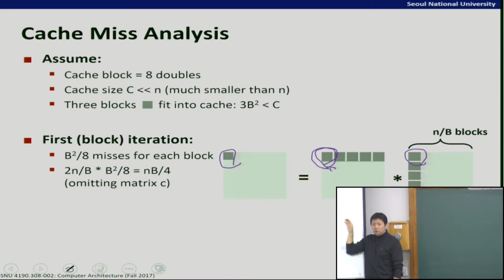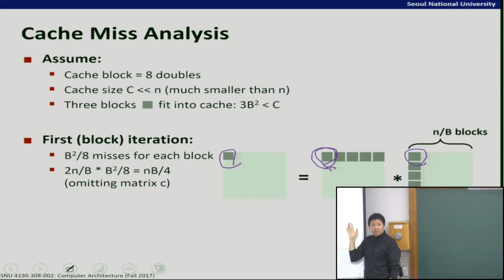Then eventually we have a cache miss every 8 elements. So if we have b by b elements, then the total cache misses to get this block into the cache is b by b over 8, right?